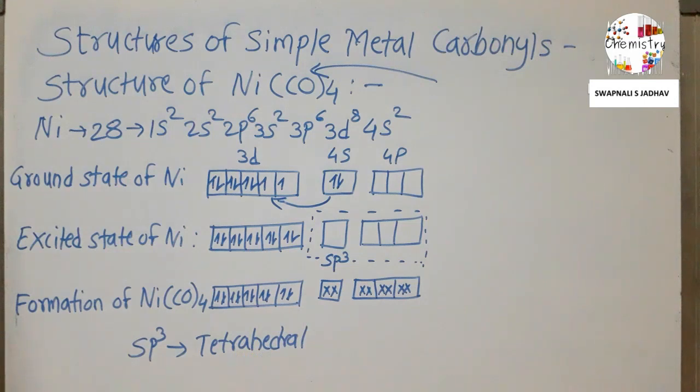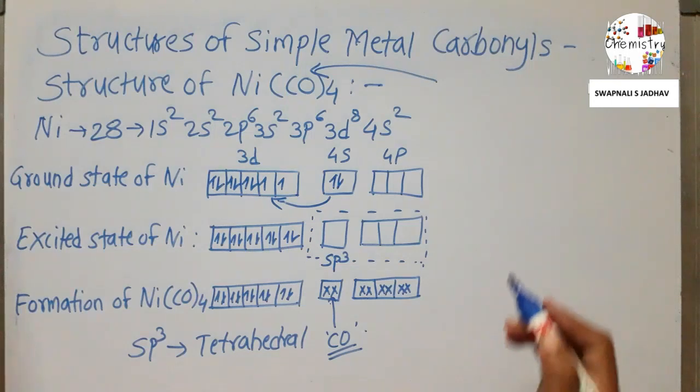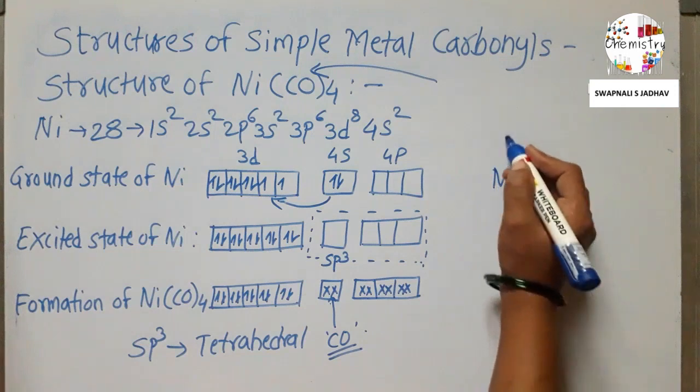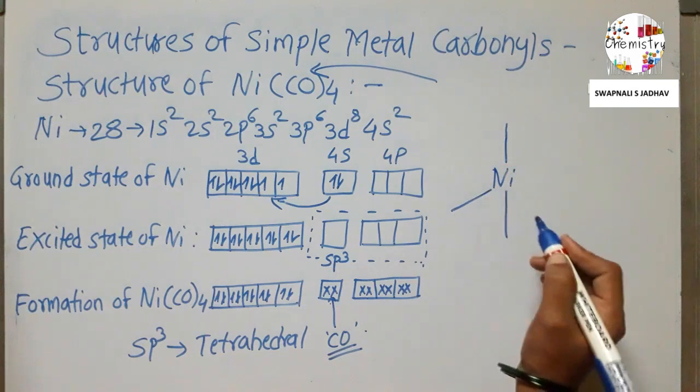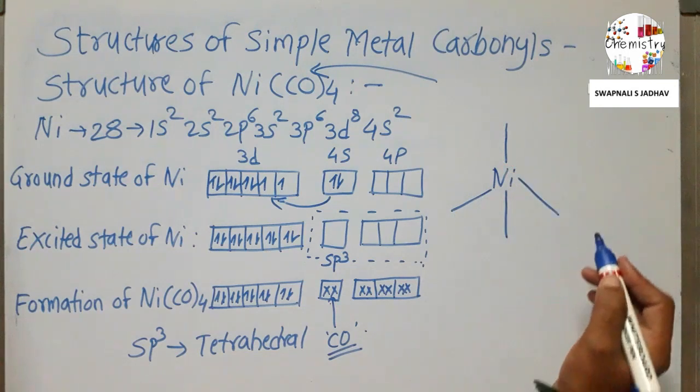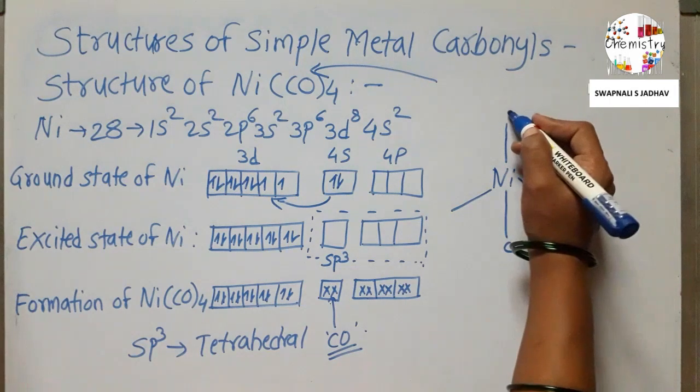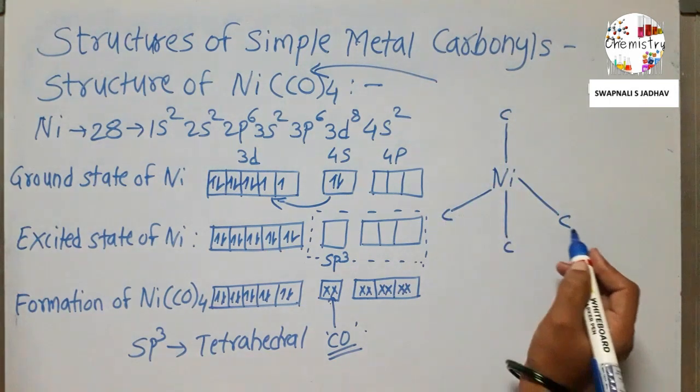So carbonyl molecules donate those electrons, the electrons donated by carbonyl groups. Okay, so here we can see the structure, tetrahedral. Nickel, carbonyl group.